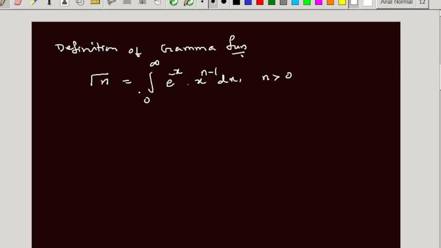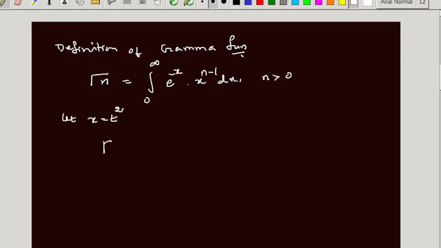So here we can write the alternative formula of this one. Let us consider x equal to t square.